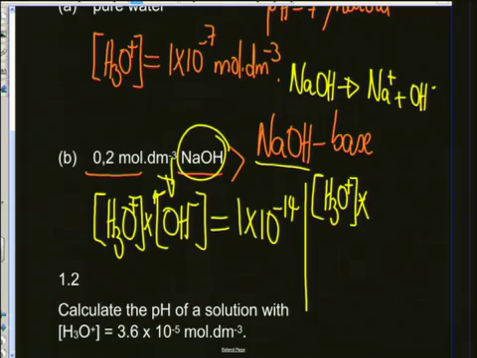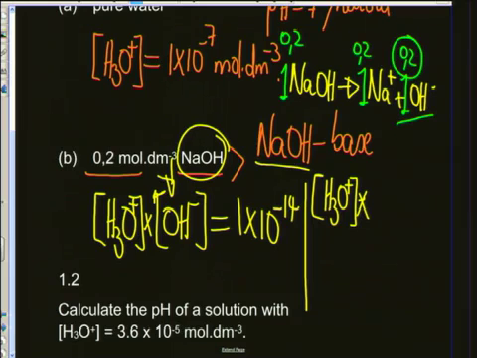If you look at the ratio here, 1 mole of that will give me 1 mole of that and 1 mole of that. So if I've got 0.2 here, I will have 0.2 there and 0.2 there. So the concentration of hydroxide ions is also 0.2.